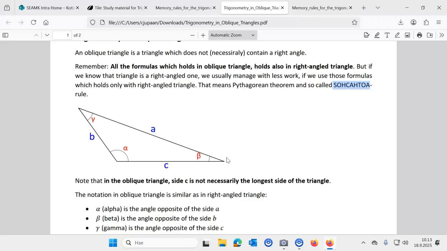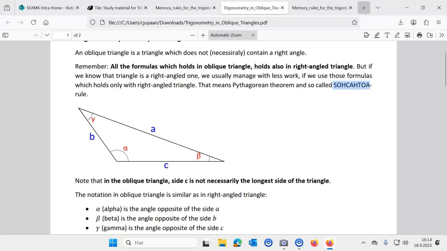Okay. Beta. Yes, in Finnish. So this is not the same example as in the Moodle. Was it A, B, and beta?